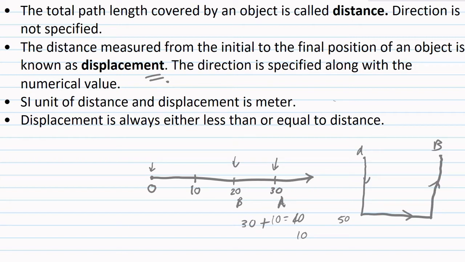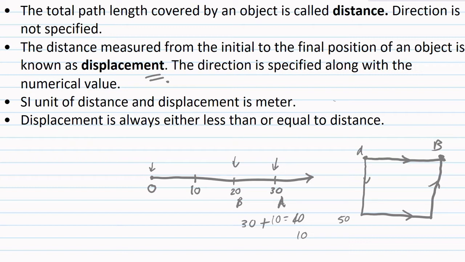Now the distance traveled is this distance plus this distance plus this distance. But the displacement will always be the distance between the final point and the initial point, that is nothing but only this much.